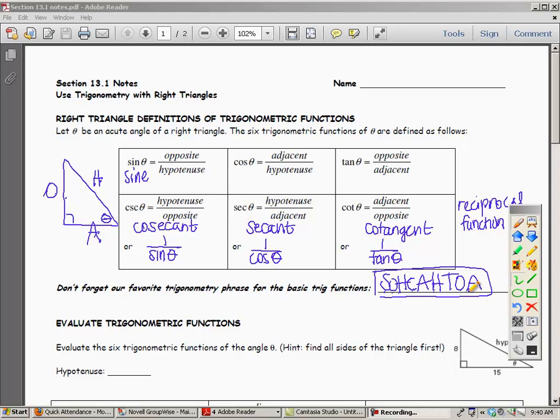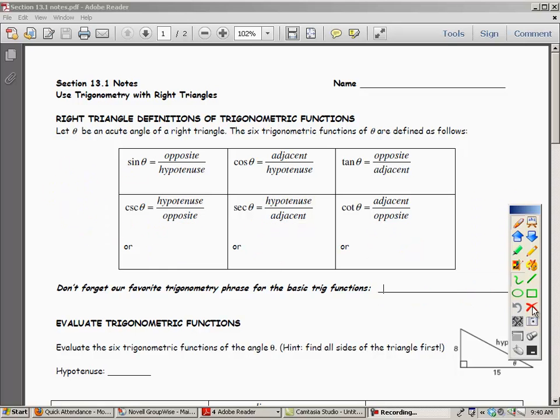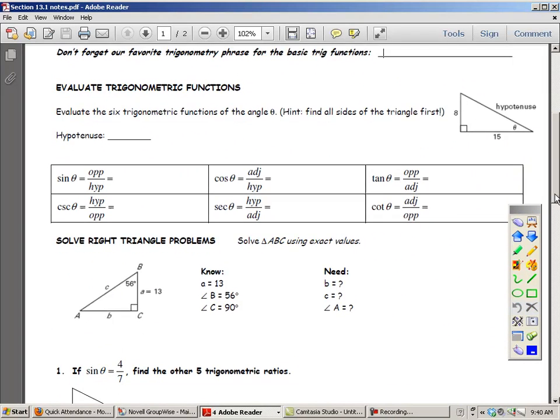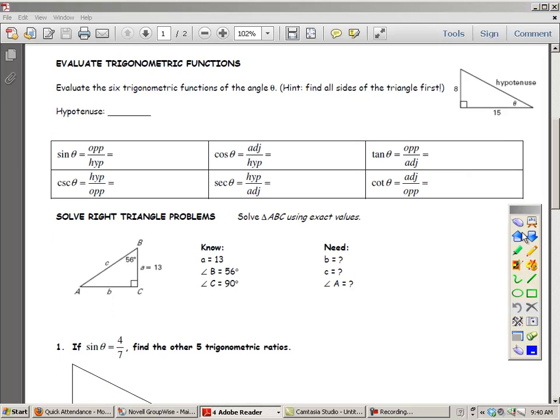Now we're going to use these trig ratios to help us evaluate some functions. So let's slide down. All right, in this first one, we give you this triangle with sides 8 and 15. In order to use the six trig ratios, what we need to do is be able to find the third side. In order to find the third side, we use the Pythagorean theorem.